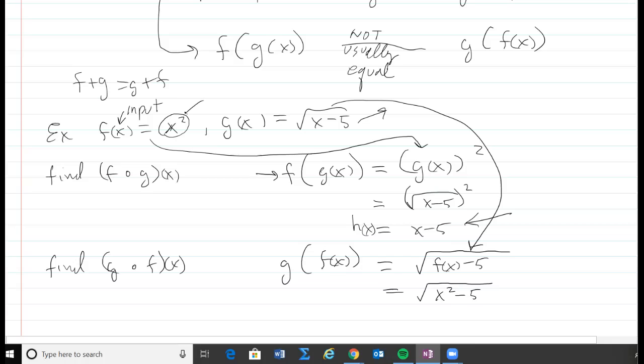We still have to hold them. And that one restriction was this over here, that x had to be greater than or equal to 5. So that's still true over here. Okay, you still want x to be greater than or equal to 5, only. Even though it doesn't look like that's one of the restrictions.